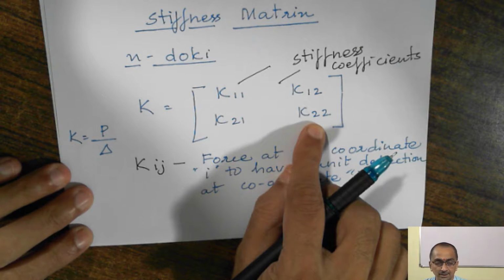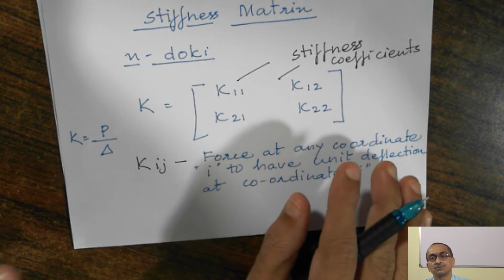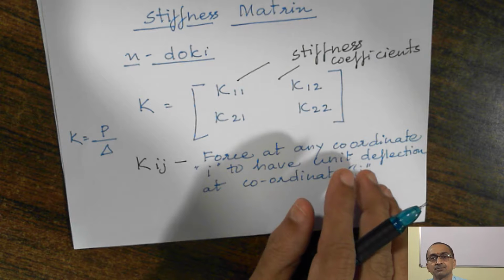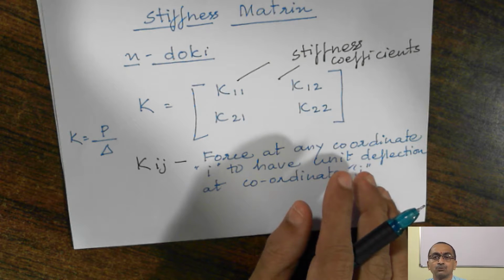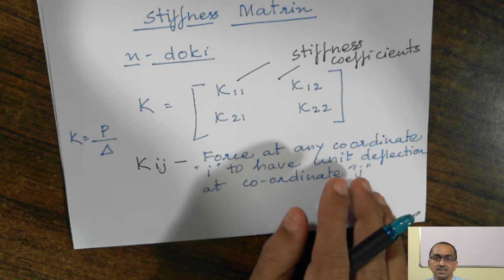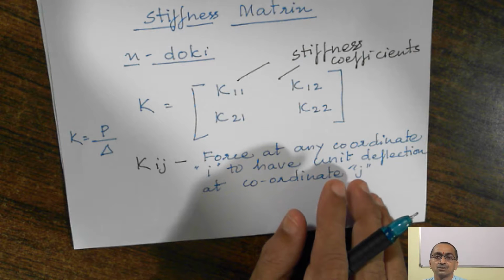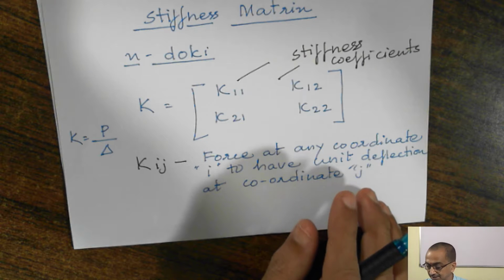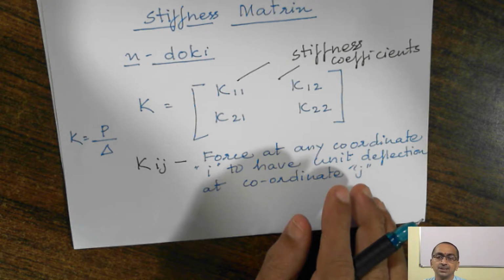Now, if you remember, in our two previous lectures we have seen the effect of rotation in terms of forces generated in the structure and the effect of translation in terms of forces generated in the structure. I have asked you to take those as the reference, to keep those 8 diagrams as reference, because we are going to use those 8 diagrams in the derivation of stiffness matrix in today's lecture.